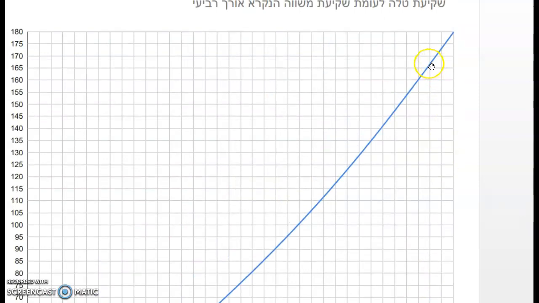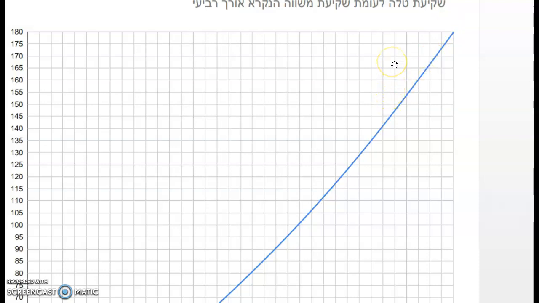Wow, look what's going on. Look how much set from 170 to 180. That's 40 minutes. 170 to 180 is 40 minutes. It's 10 degrees. But guess how many degrees of the ecliptic have set? From 166 or 167 till 180. A huge part.